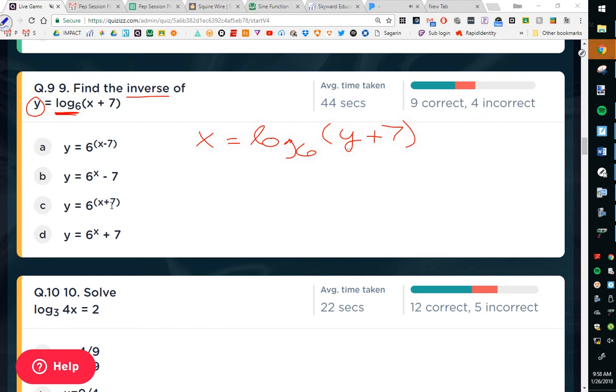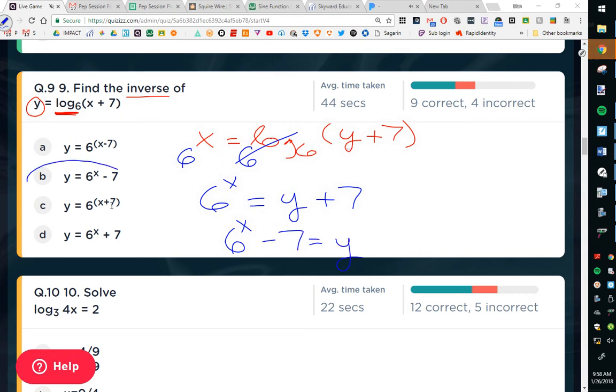So to get rid of a log base 6, I'm going to raise both sides to a power of 6, or a base of 6. And then to finish that, I'm going to subtract 7. The key to that is that 7 is not going to be in my exponent. It's just a regular minus 7. And so my final answer would be that thing right there. 6 to the x minus 7 is all equal to y.